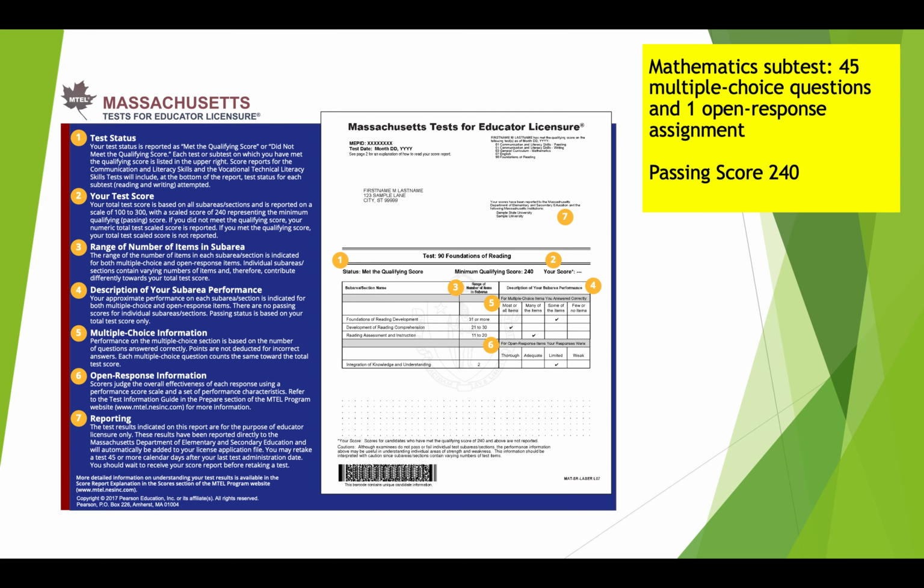And then 6 looks at your open response, so whether your answer was thorough, adequate, limited, or weak. And then 7 is where you're reporting your score to. So again, the mathematics subtest has 45 multiple choice questions and 1 open response assignment. And then your passing score is a 240.